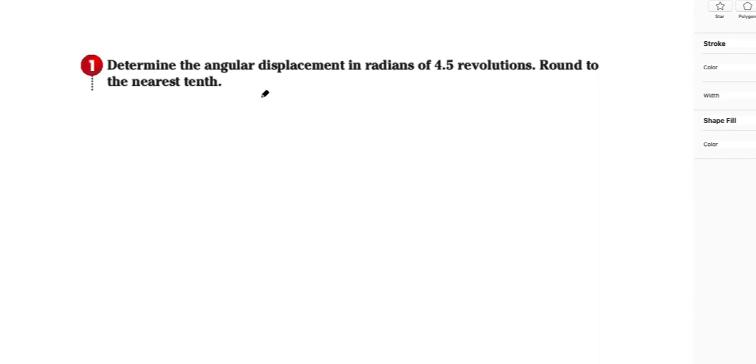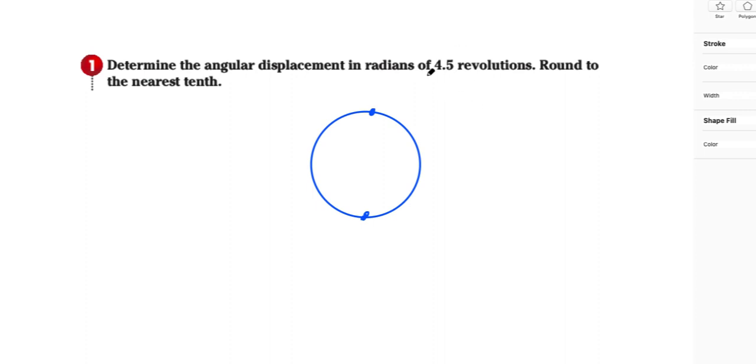Example 1 asks us to determine the angular displacement in radians of 4.5 revolutions, and we're going to round to the nearest tenth. So let's have a visual on this. If we start off at a circle and we are considering an object that goes around 4.5 times, we're trying to figure out what the angular displacement is. So what is the angle measure of 4.5 revolutions?